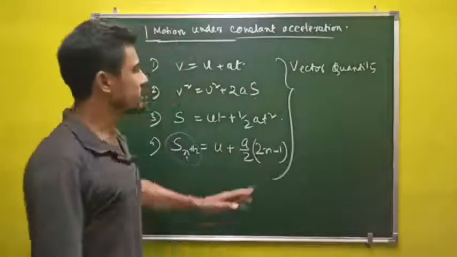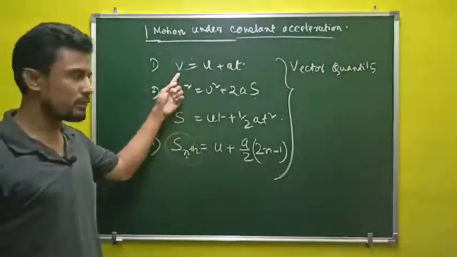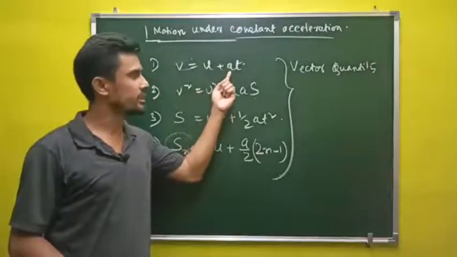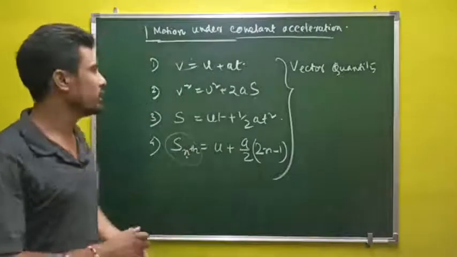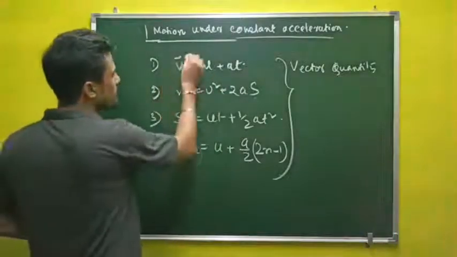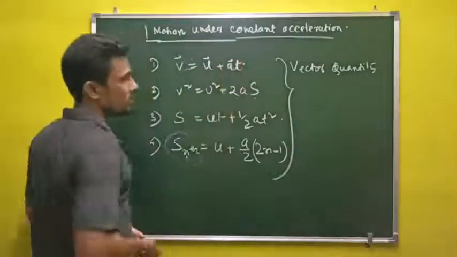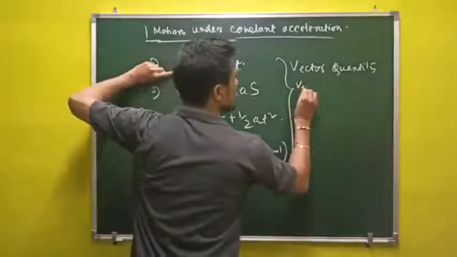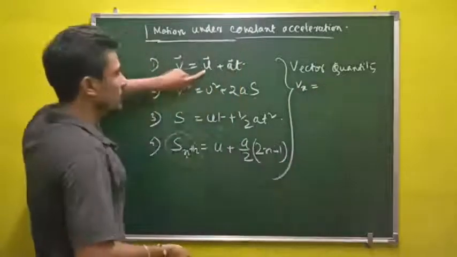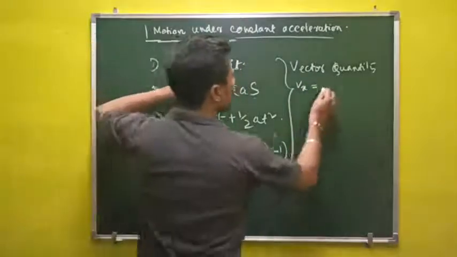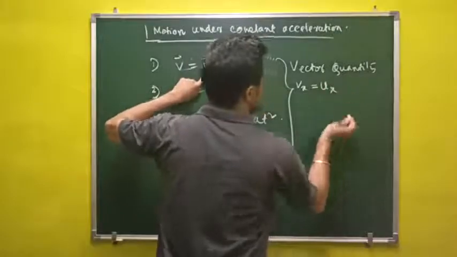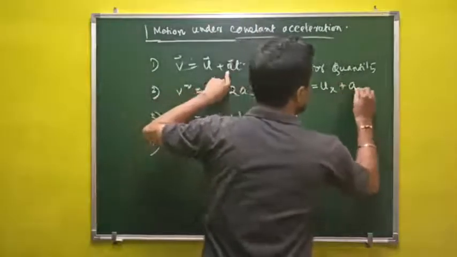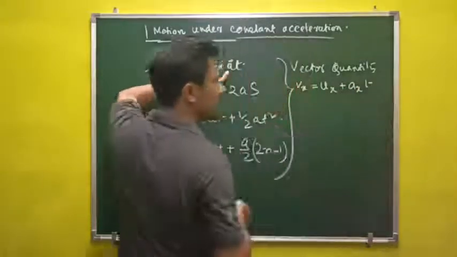Since these are vector quantities, velocity, initial velocity, final velocity and acceleration are all vectors, and the directions of all of them should be the same. If you consider the direction of the final velocity along the x-axis, then the initial velocity and the acceleration should also be along the x-axis.